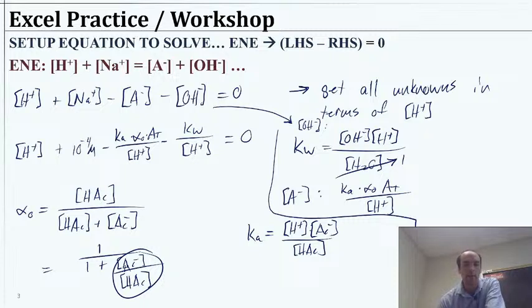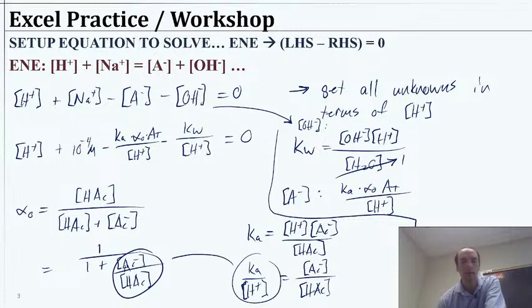And that is almost already in the form that we need to substitute, right? So Ka divided by H plus is in that form of AC minus over HAC. So that means we can take this and put it right in here.